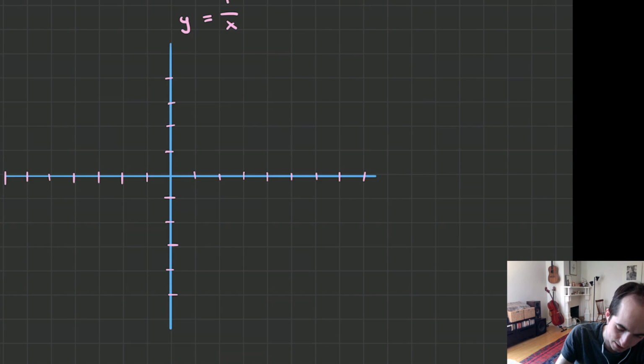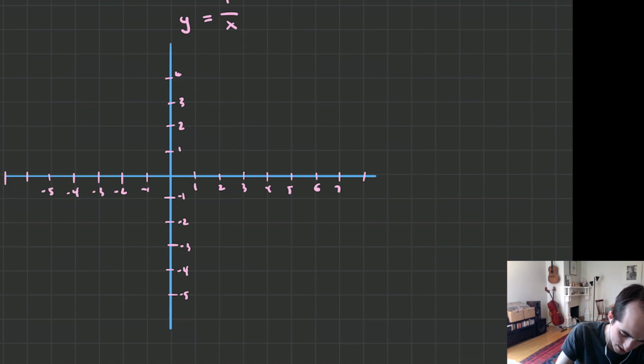I guess it's not perfectly centered. You guys get the idea. You've probably done this before. Anyway, okay, now I've got my grid.